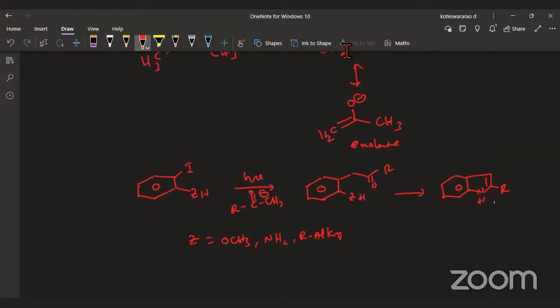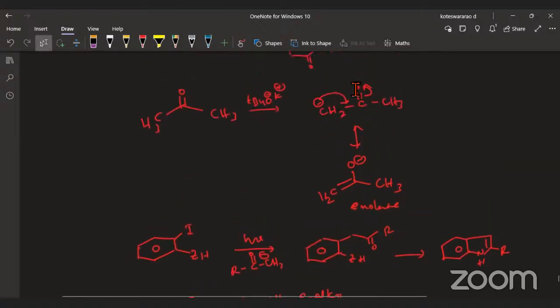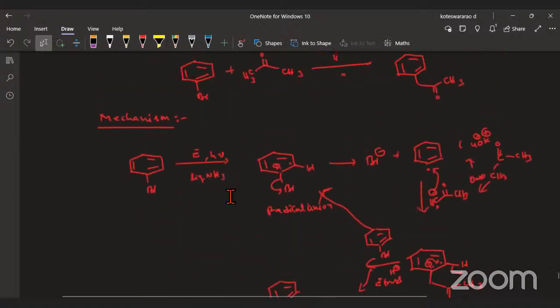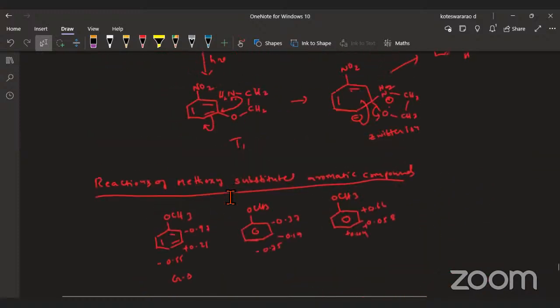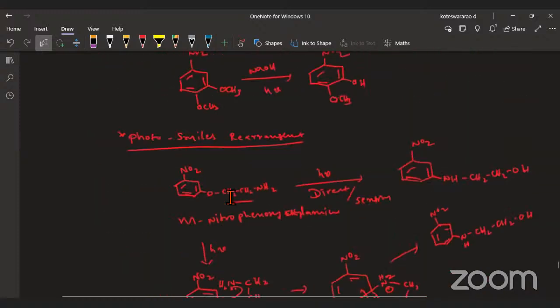Sir, will any important questions arise from this chapter? Yes, so many normal reactions, and the named reactions are given here. Sir, we have to read everything. Spice rearrangement, Norrish type reactions, Paterno-Büchi reactions, and the Barton reaction. In the next unit, the Barton reaction is very important.